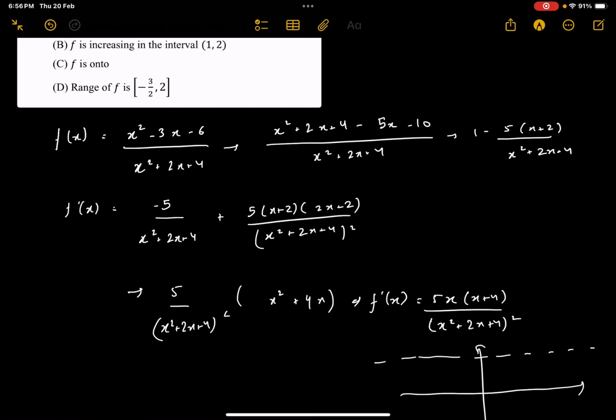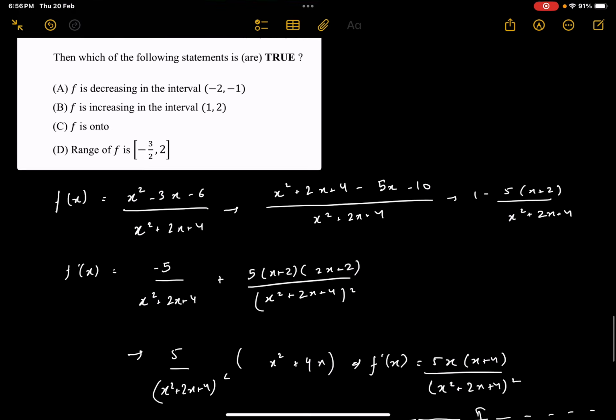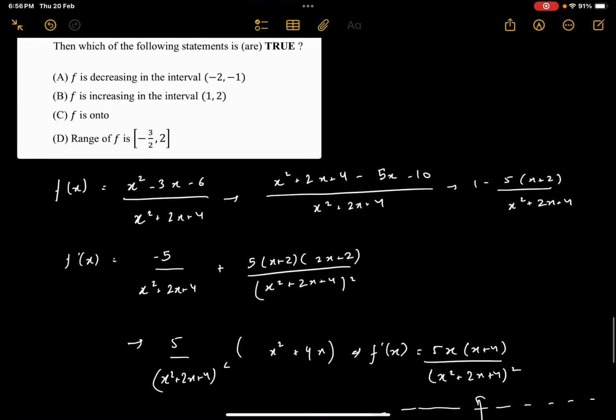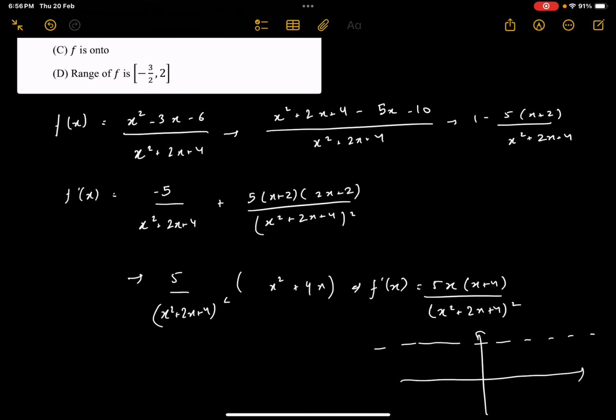No, it's decreasing here till 0. It increases till -4, and from -4 it decreases to 0, and then it increases again.